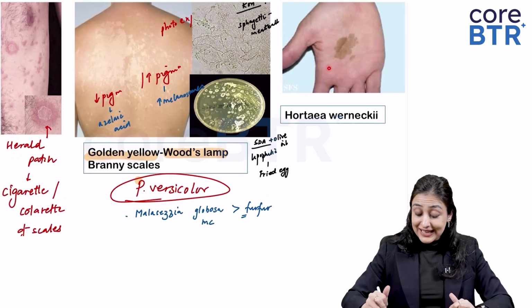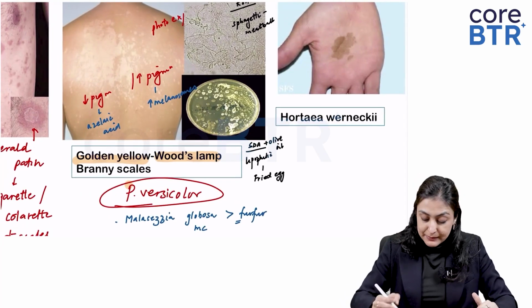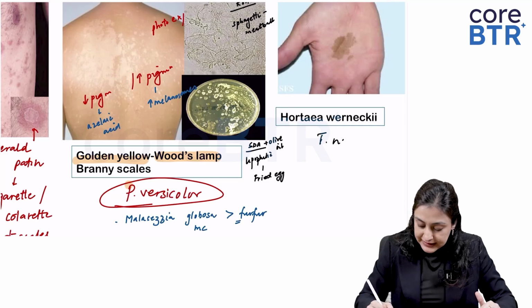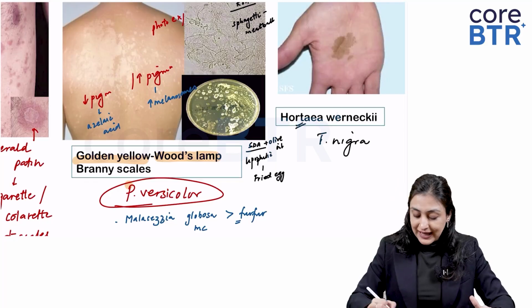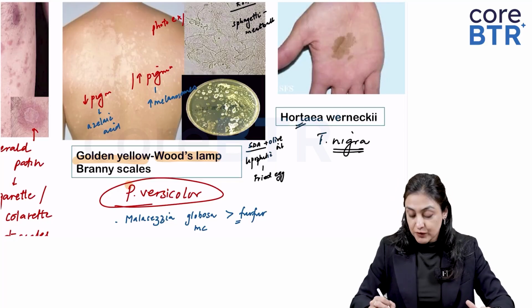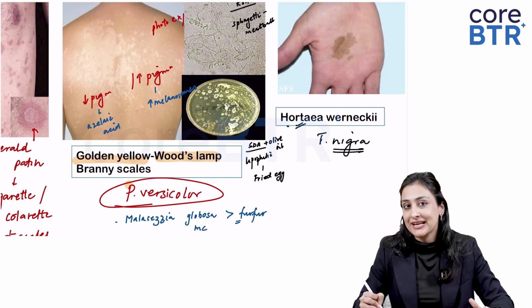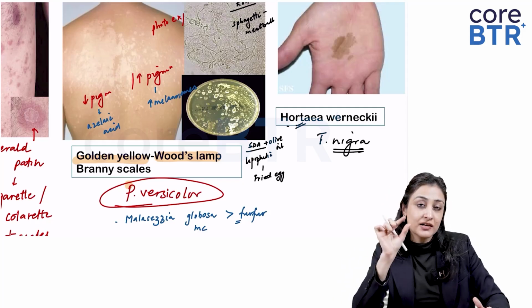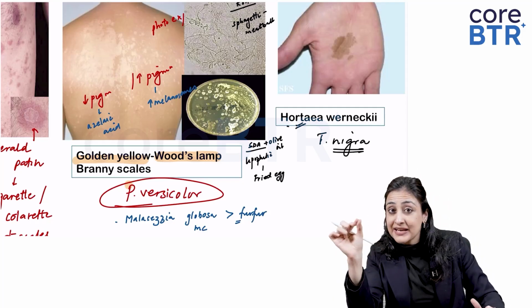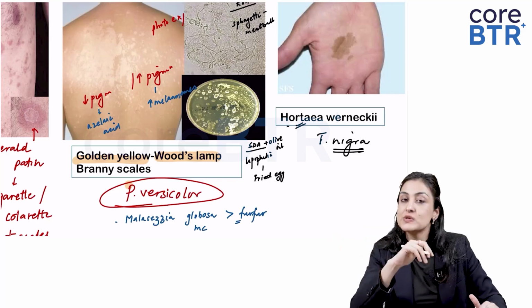Then you can see a black lesion in the palm. Black means negro, nigra. So this is tinea nigra. We will learn that nigra is always black. You will also see that in piedra, stones in the hair. Piedra means stones. So black piedra would be there, right? So we will study that in micro.